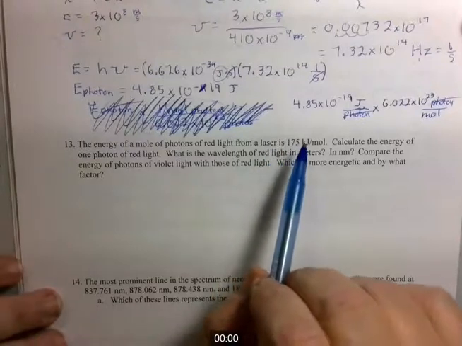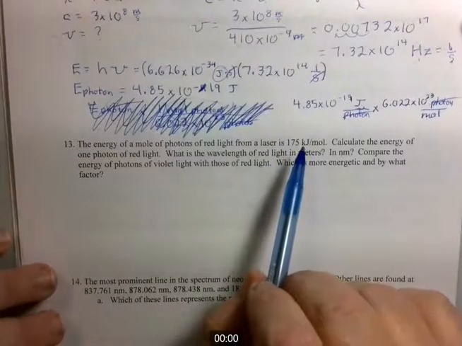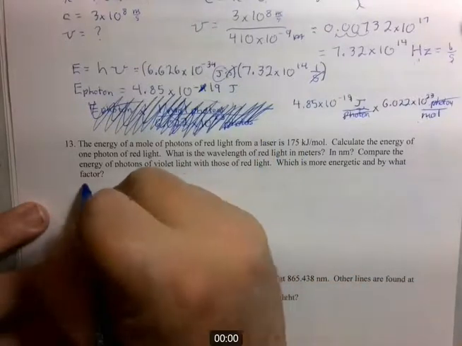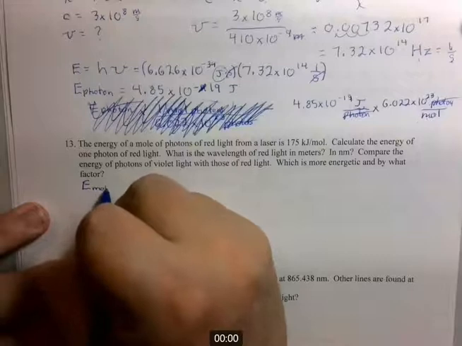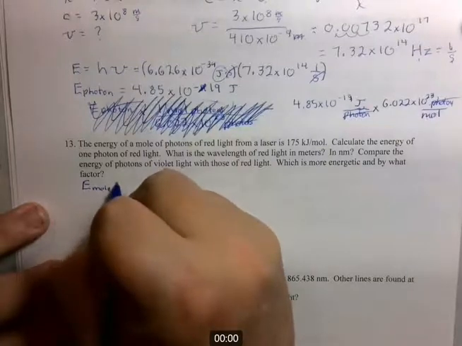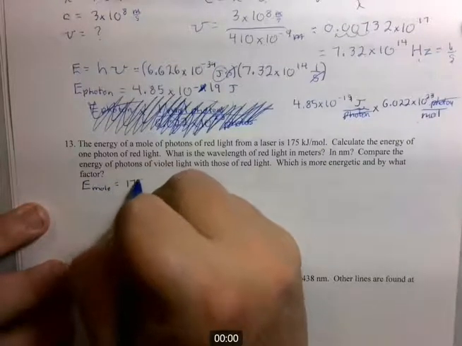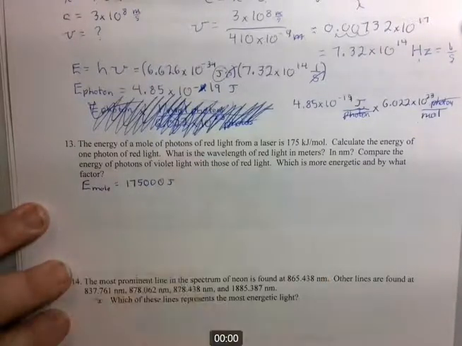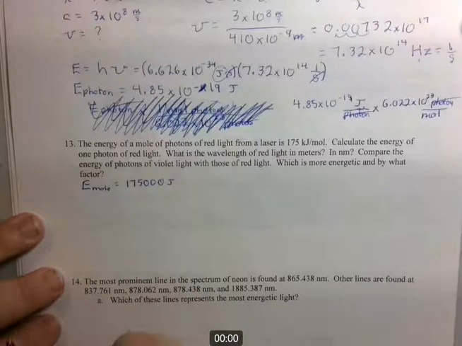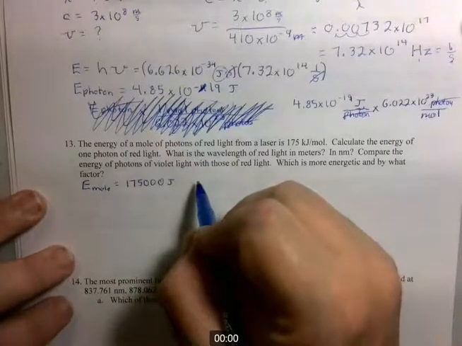So 175 kilojoules is 175,000 joules. The energy in a mole, which I'll mark with a subscript because that's not a single photon, equals 175,000 joules. Now let's figure out how much energy per photon.